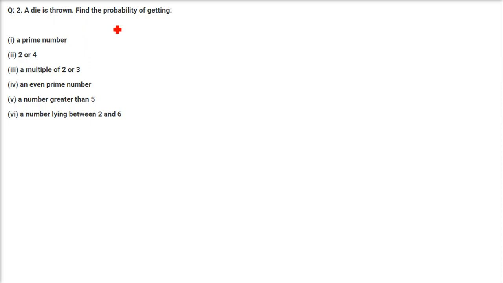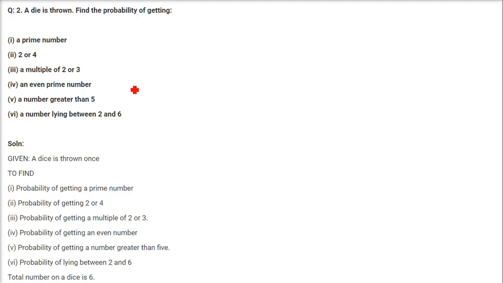A die is thrown. Find the probability of getting these. So a die, that is, you have a cube. It has 6 faces, 1, 2, 3, 4, 5, 6, like dots are there. So, the probability of getting a prime number.